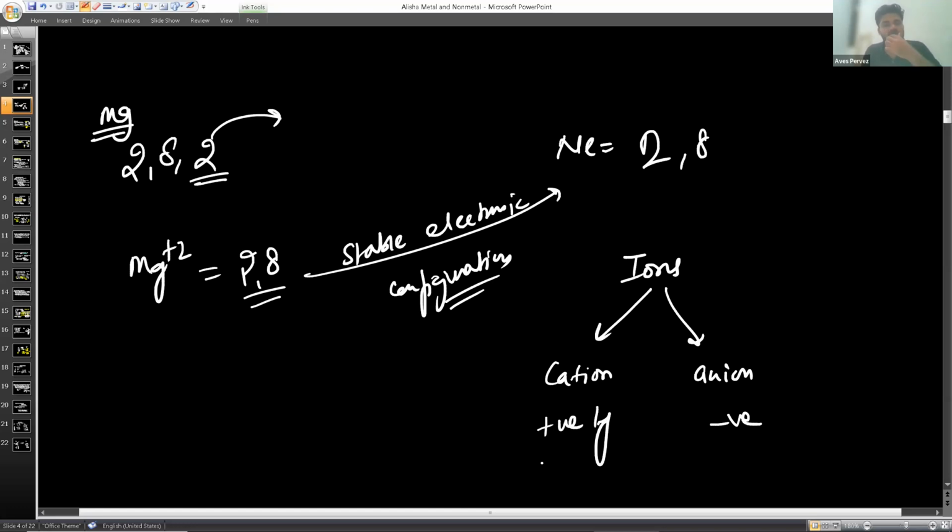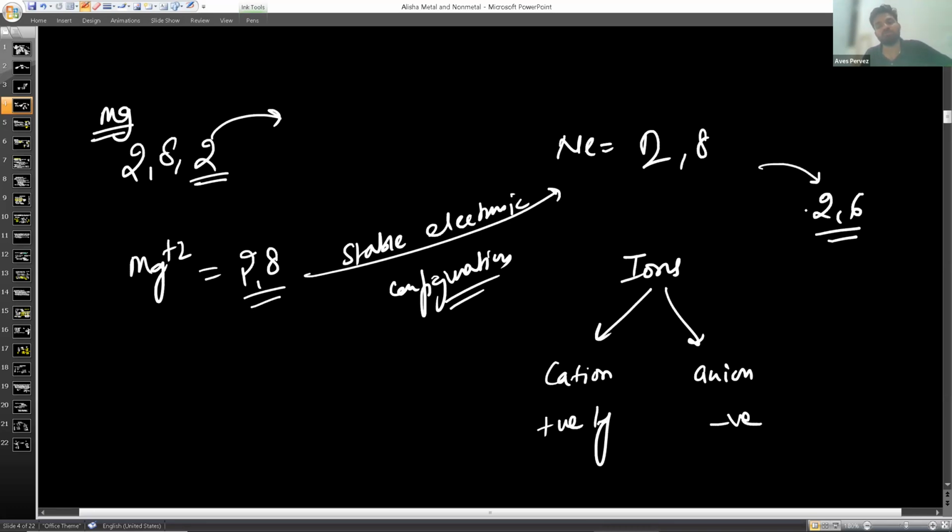So elements in metals generally lose electrons in order to attain a stable electronic configuration like the nearest noble gas. Like for example, oxygen has 2, 6 electronic configuration.